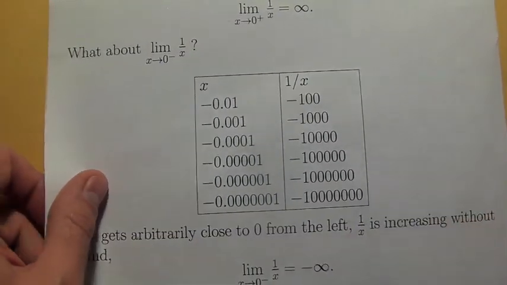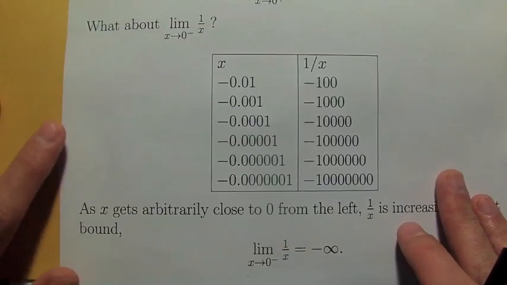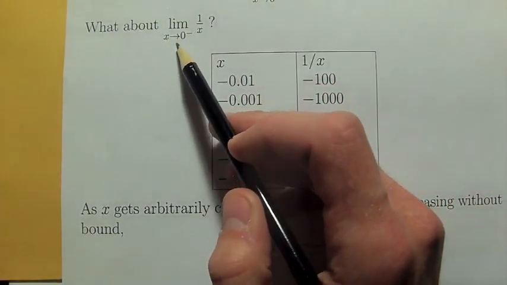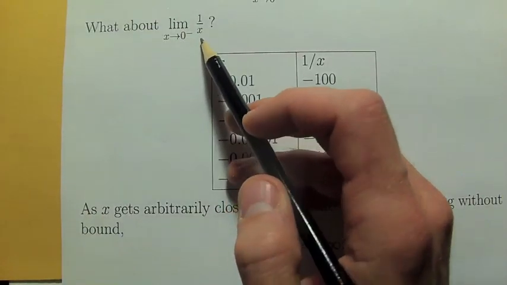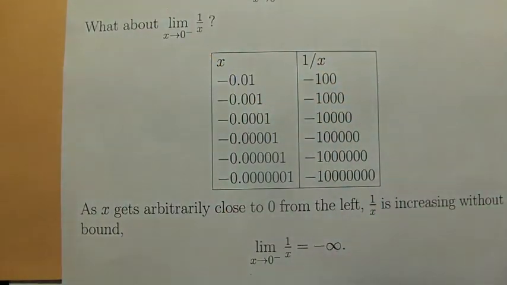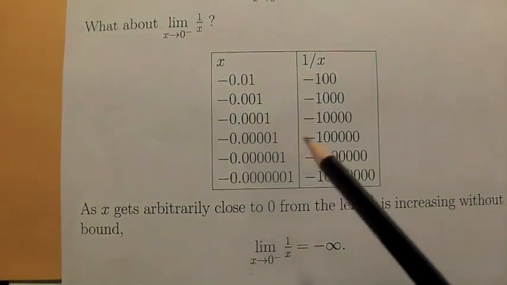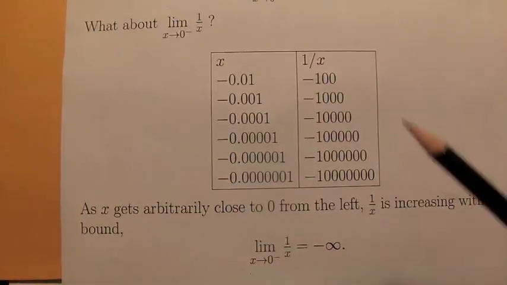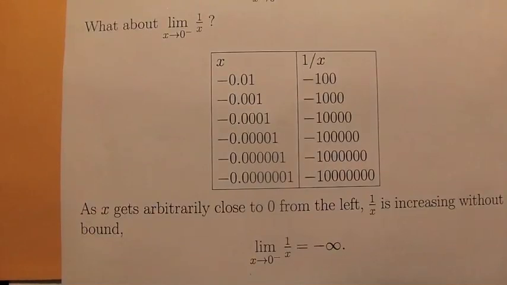On the other hand, if we check from the left, right? So now we're looking at the limit as x goes to 0 from the negative side, and we get basically the same numbers in our graph, except we get negative numbers, right? We're plugging negatives into 1 over x, so we get negatives popping out, right?